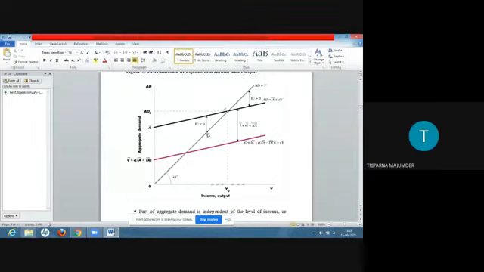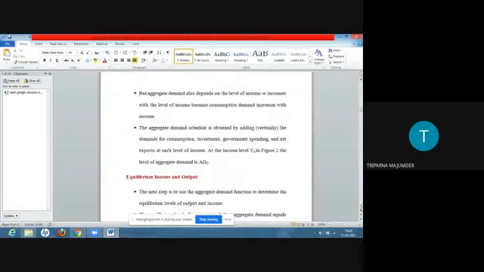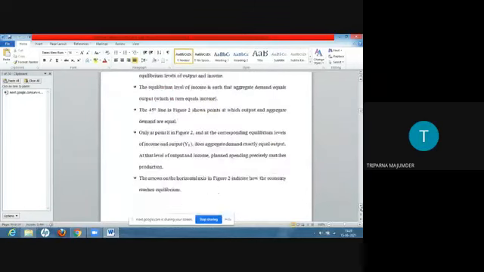So the producers will increase the level of output, and we will move towards the equilibrium E. So for any income level below Y0, we move towards this equilibrium income level, and for any income level greater than Y0, there is a tendency for income to fall back to Y0.